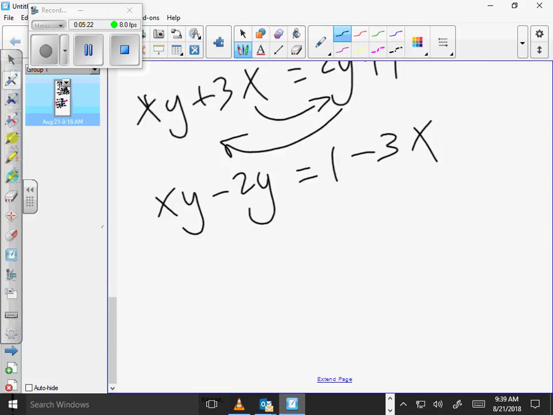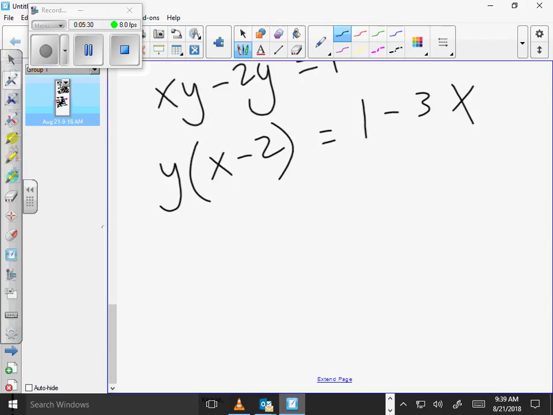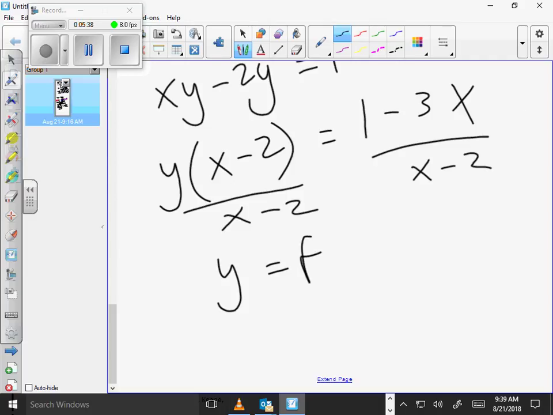And then I notice since I have all these y's over here, I could factor a y out. And to get the y by itself, I'm going to divide both sides by x minus 2. And so I get y equals f inverse of x equals 1 minus 3x over x minus 2.